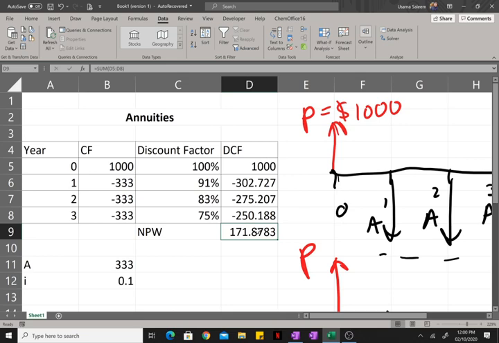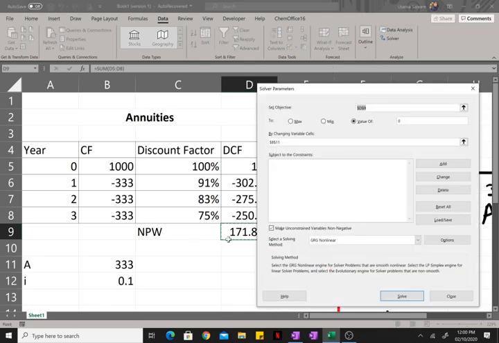So in order to balance these negative cash flows with this positive $1,000 cash flow, the net present worth has to be equal to 0, which means that by incorporating time value of money, it's basically a balancing problem. And I'm going to set this objective cell, the NPW, to 0 by varying the annuity, the amount that I'll be paying each year.